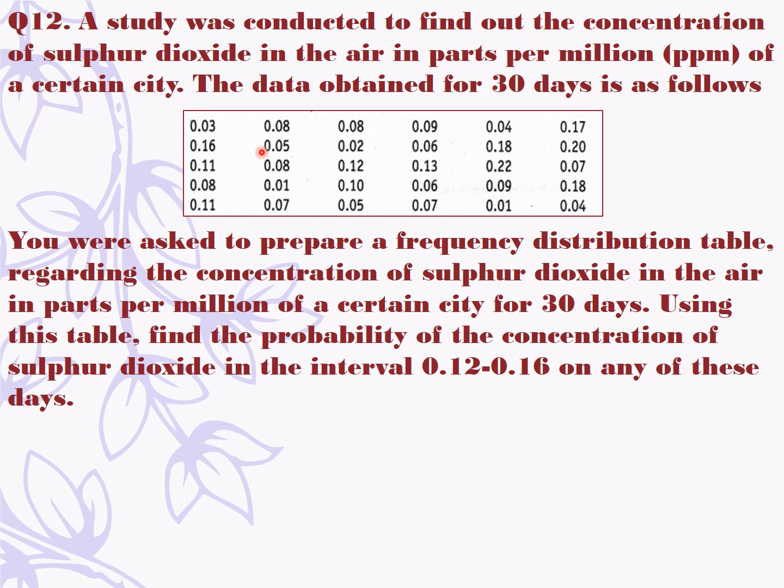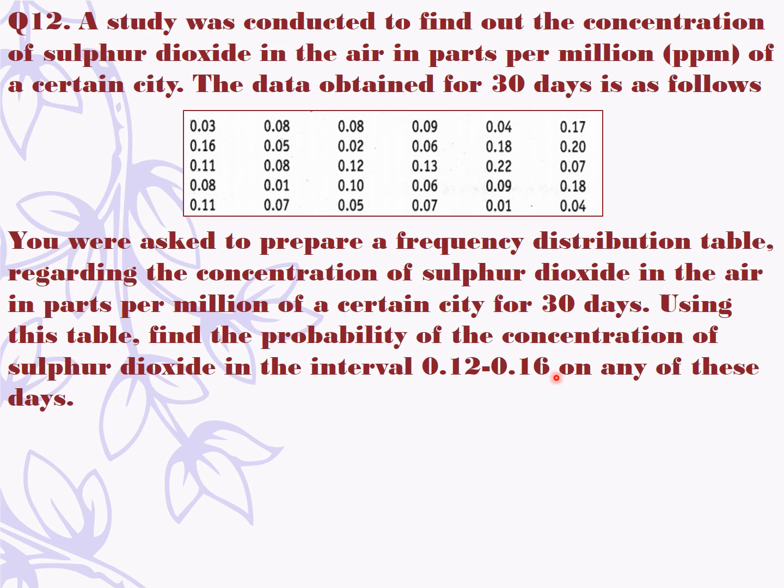We will keep on moving, and still we have not got any value from 0.12 to 0.15. Here is 0.12. So we'll count this as one such data. Next we have 0.13. Of course, 0.13 lies between 0.12 and 0.16. So this is the second data which lies in this range. If we keep on moving, we can't see any such value yet again.